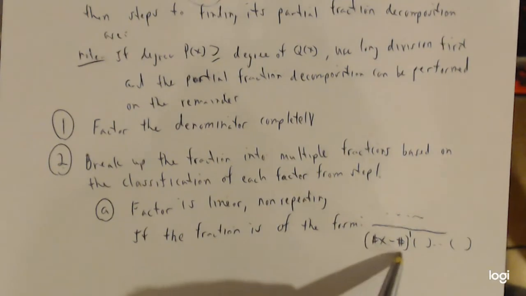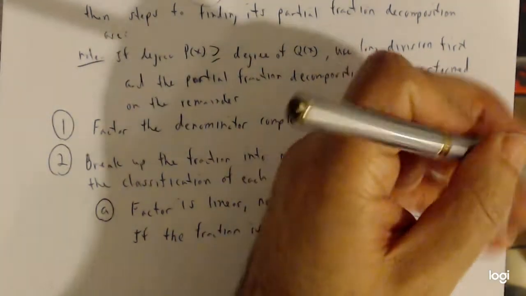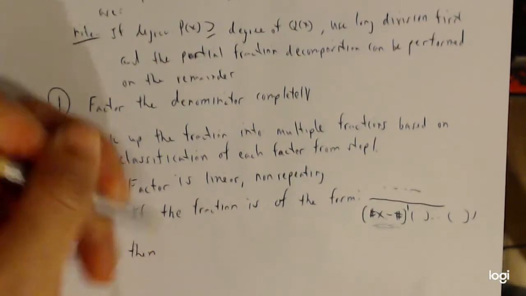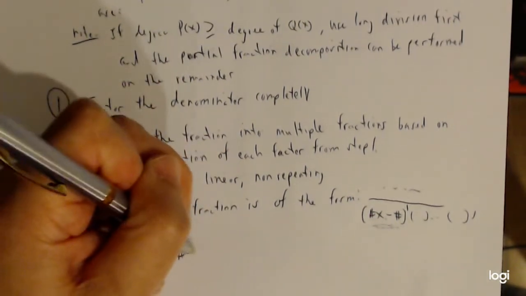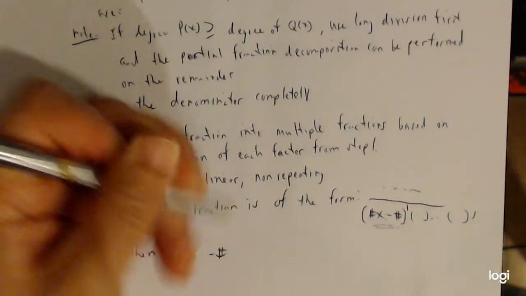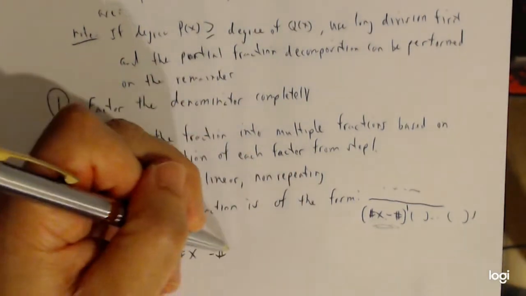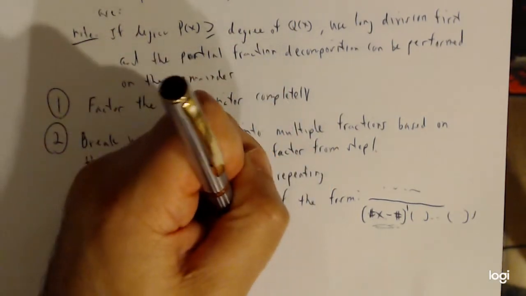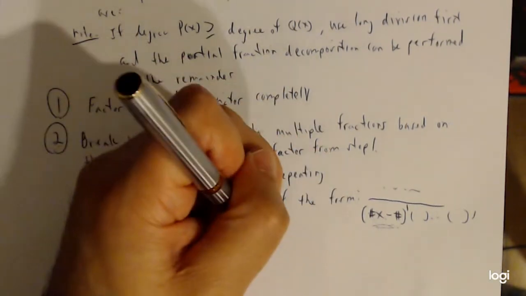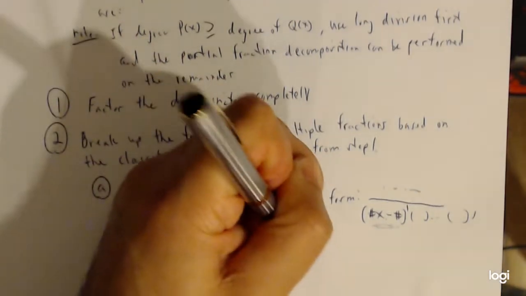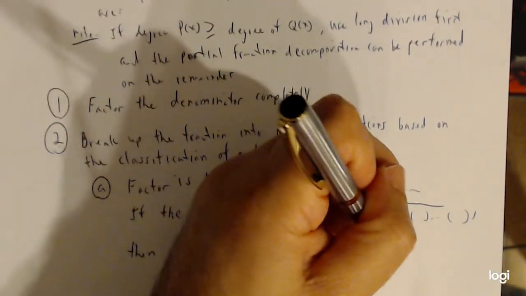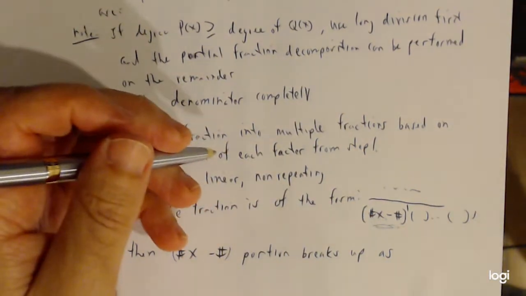Okay? So if one of my factors is of this form, which is linear and non-repeating, then only this part would break up as the following.